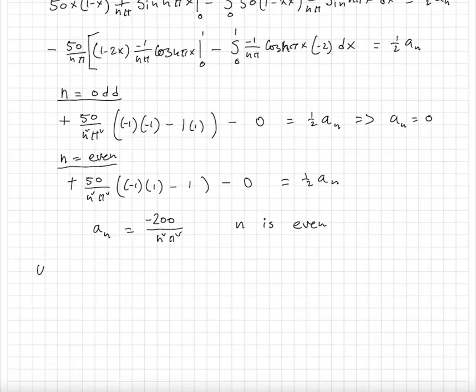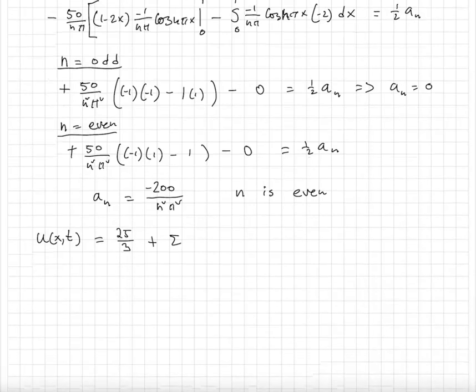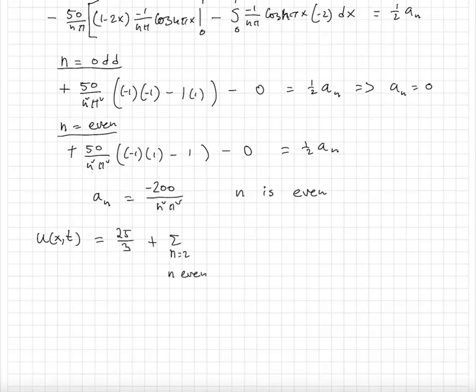Okay, so now we can write down the solution. We can write down the solution u x t. Now the solution, which is the first term, is 25 divided by 3 plus, we could manipulate the series, but we like to be very simple. You know that n equals 1 is odd number, so we'll start from n equals 2, and then we will say okay, n even, and go up to infinity.